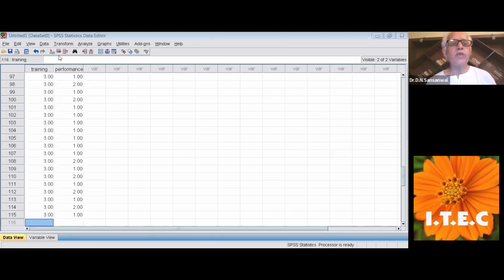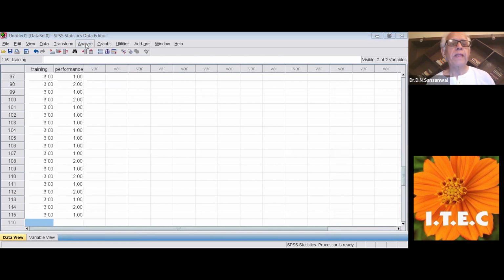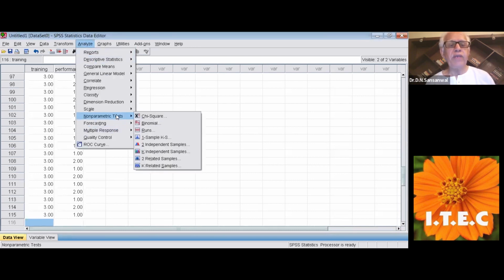Let us go. We go to analyze, we go to non-parametric test, and then we go to K-related samples. Please note it down. We first go to the non-parametric and then we go to the K-related samples.